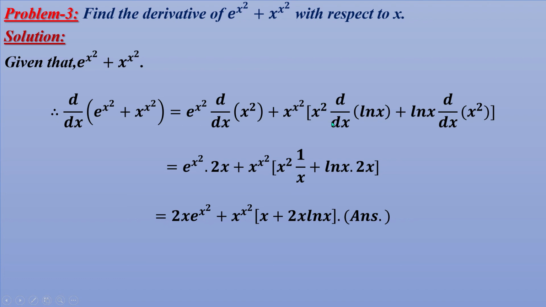Now calculate: d/dx of ln x means 1 by x, and here will be 2x. Finally we'll get, here is common, this is fixed, and here will be only x, and here will be 2x ln x, or you can take x common, no problem. This is the required answer.